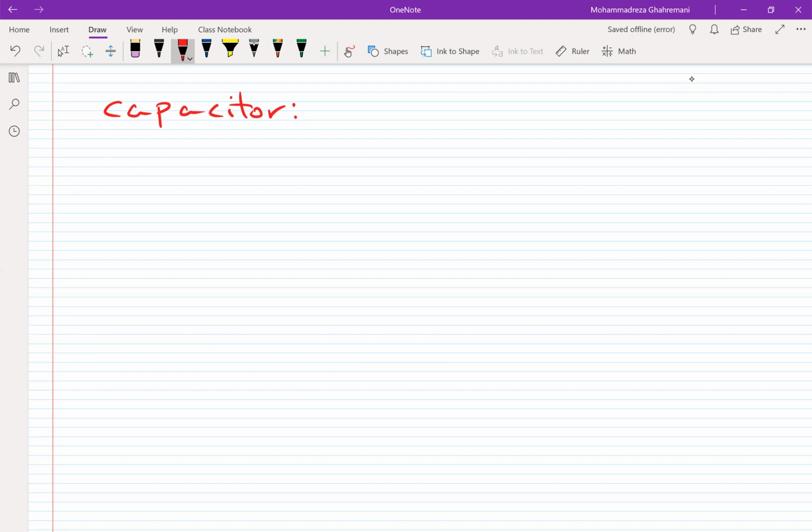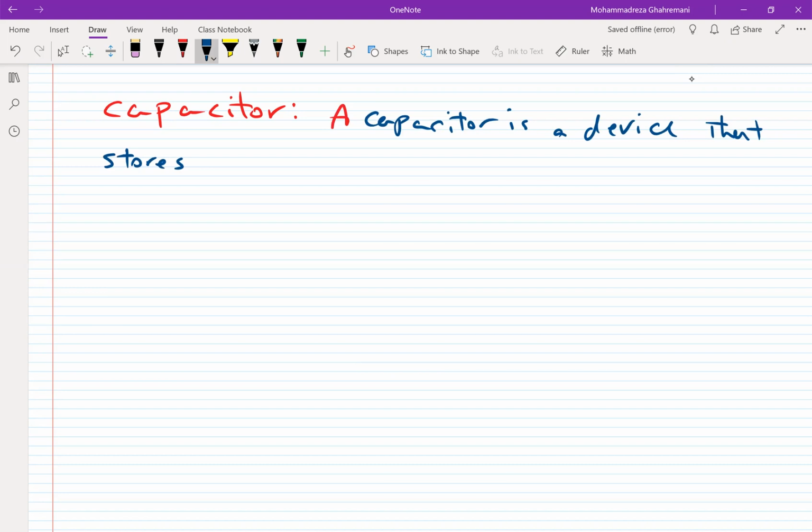Okay, how can we build a capacitor? A capacitor is made up of two metallic plates with a dielectric material in between the plates. So first, the definition of the capacitor: we can say a capacitor is a device that stores electrical energy in an electric field.